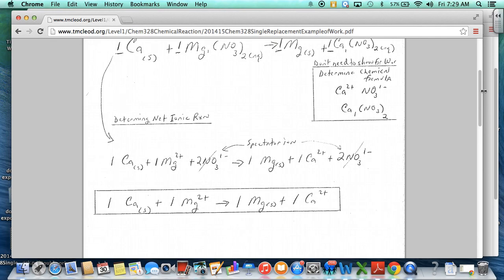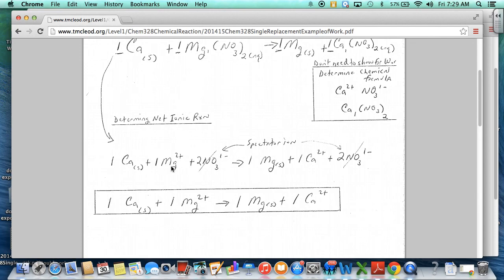So what you do there is, in the next line, you want to break anything that is aqueous up into its ions. Well, calcium, the solid, isn't aqueous, so you simply rewrite it. You take it here and rewrite it down there, plus magnesium nitrate is aqueous. So what are the ions in magnesium nitrate? Well, in the solution of magnesium nitrate, there is no magnesium nitrate.